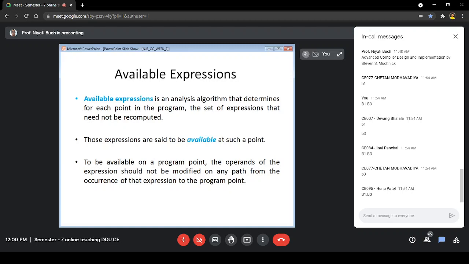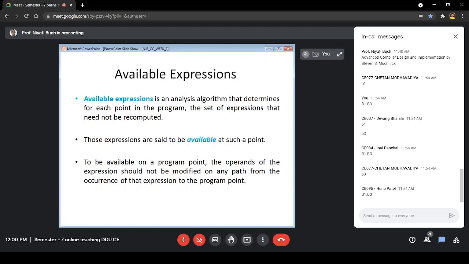So we will find a set of expressions which we have already computed, so there is no need to compute them again. That set, if we maintain it, is known as a set of available expressions, and that is the name given to the algorithm also. These expressions are said to be available at a given point in your program.